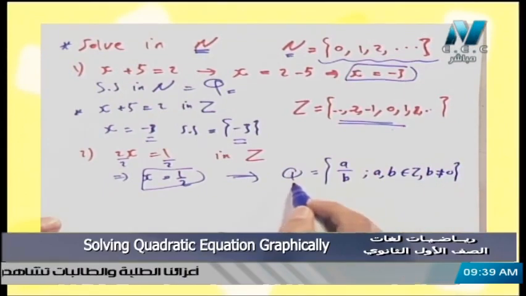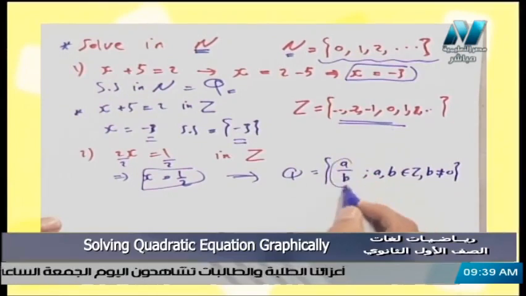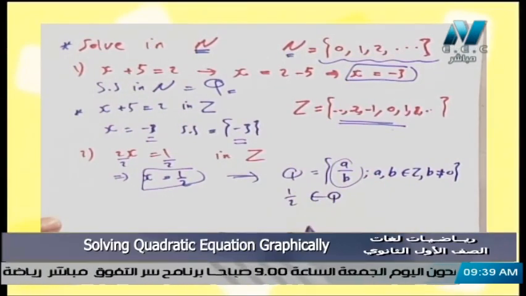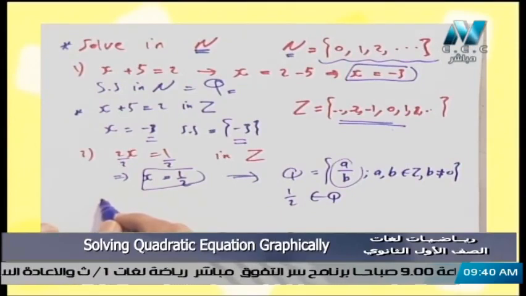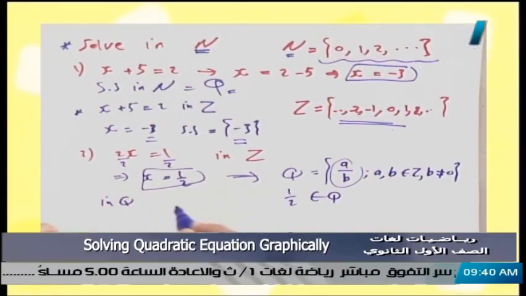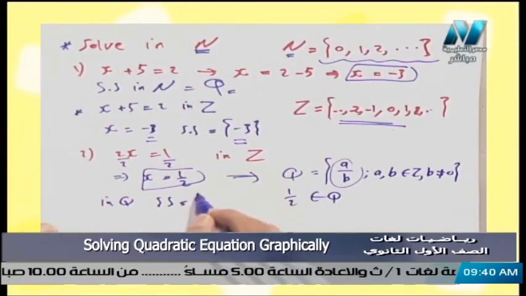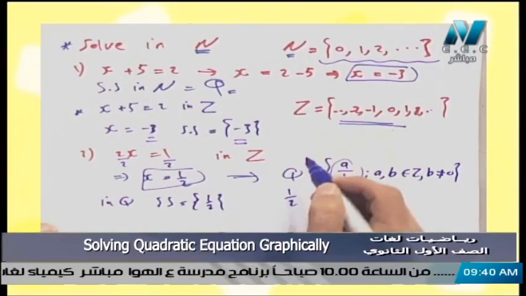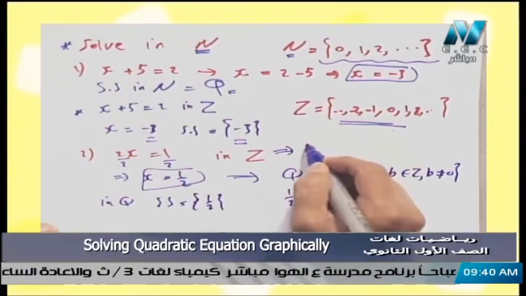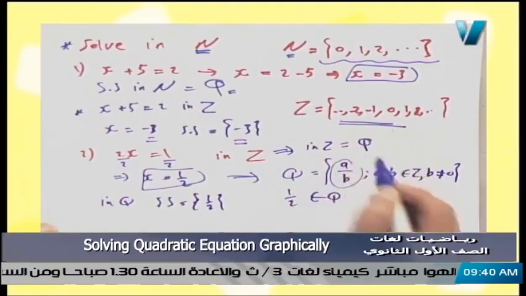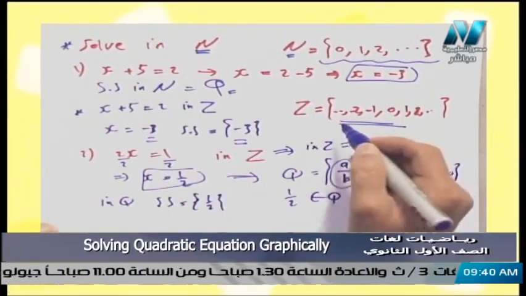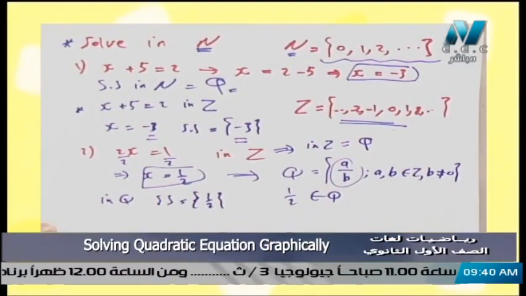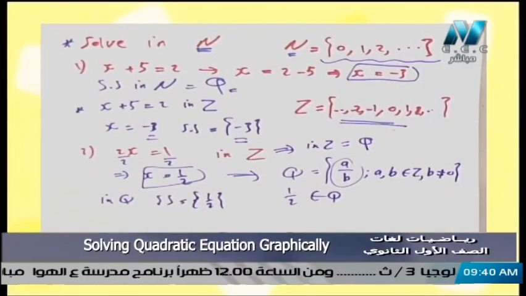So any fraction or decimal belongs to Q. So half belongs to Q. So if you ask me to solve in Q, the solution set here will be half. But in Z it will be empty, because half doesn't exist in Z, and so on until we have Q dash.